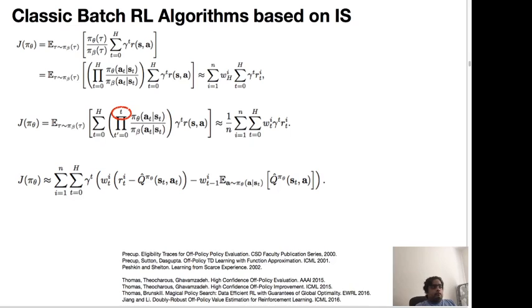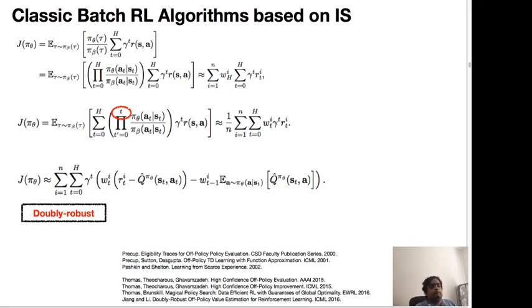There's one other kind of method in this importance sampling class that I want to go over, which are known as doubly robust methods. These methods still do importance sampling, but in addition, they also estimate a Q function, which is an estimate of the expected long-term discounted return of the policy starting from s_t and a_t. They then use a combination of both the importance weights and the Q function to obtain a low variance but unbiased estimate of the return.